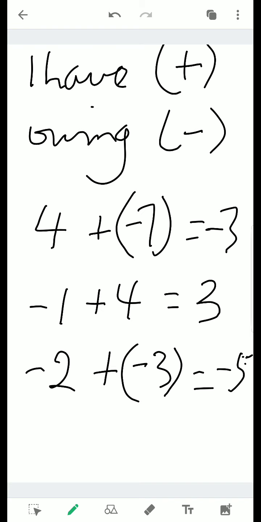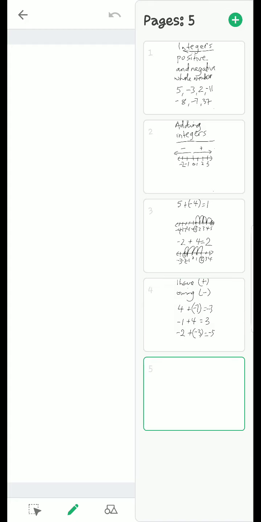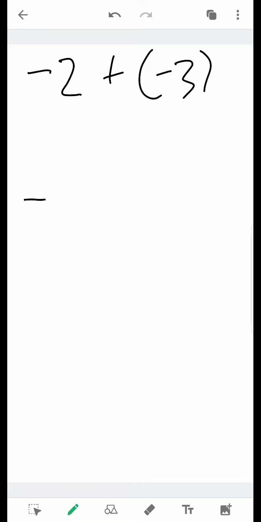Let's illustrate the negative 2 plus negative 3 on the number line to make it easier for you. So let me go to the number line. So negative 2 plus negative 3.